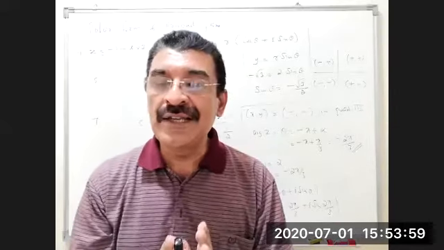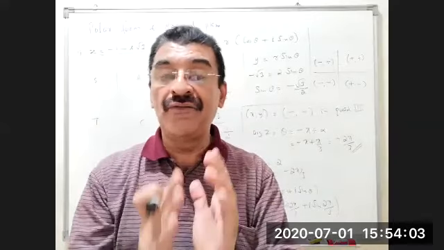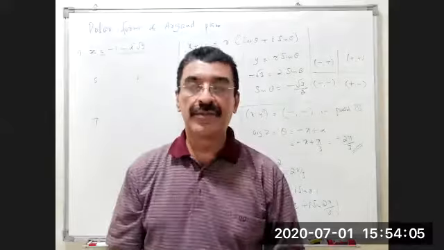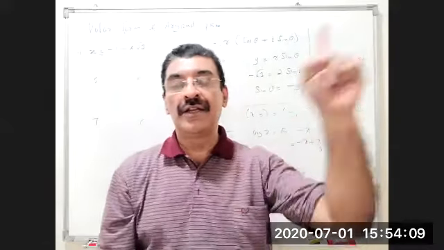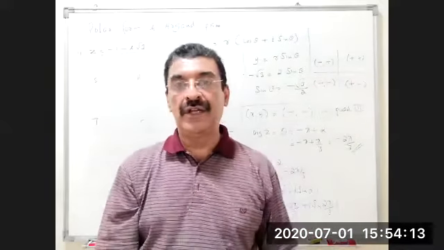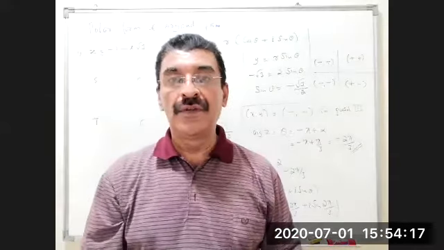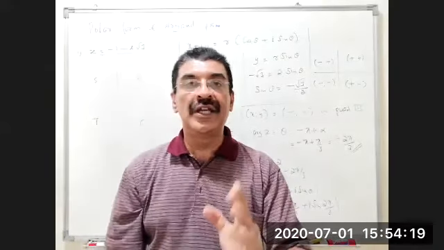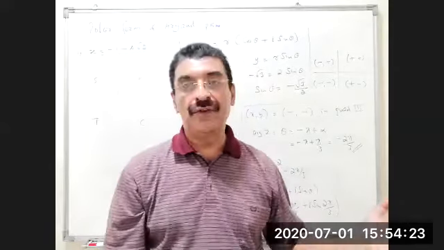Just by checking the sign, we can locate the quadrant in which our principal value lies. Once we find the quadrant, then use that. In quadrant 1, principal value theta is alpha itself. If it is in quadrant 2, we take it as pi minus alpha. If it is in quadrant 3, we take it as minus pi plus alpha. In quadrant 4, minus alpha.